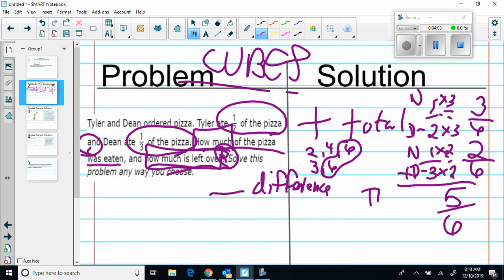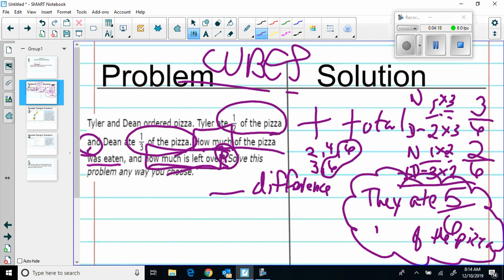So I'm going to put they ate 5/6 of the pizza. And now my second part is how much is left over. Well, guys, if you remember, 5/6 is our fraction. And if you think about it, 6/6 is 1 whole.